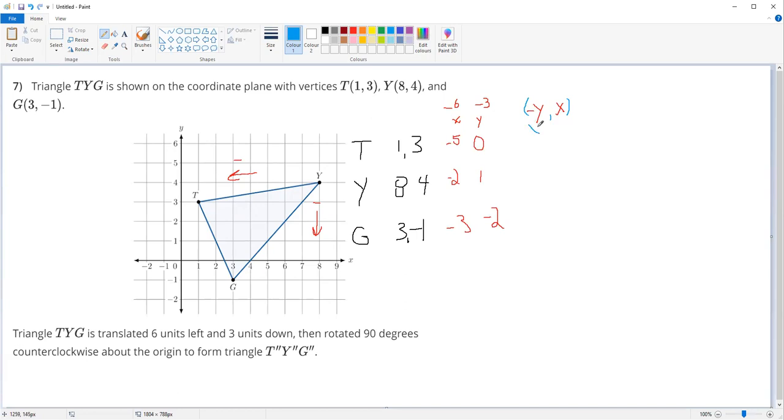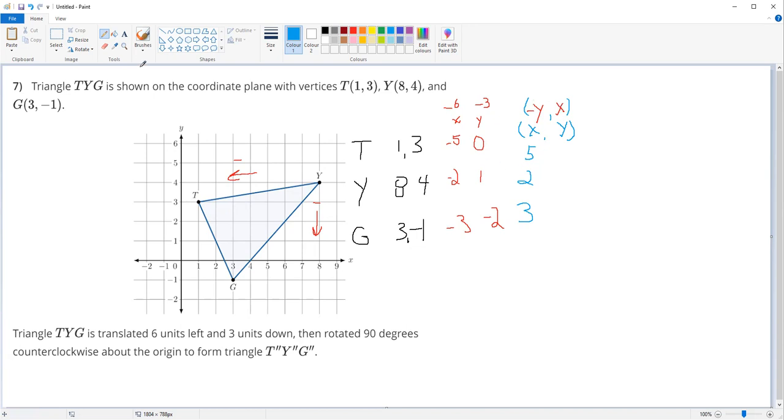I'm gonna have to do x, y. Pull those off of here, right? So my x is going to be my old y's, but opposite. So 5, 2, and 3. And then my y's are going to be my old.